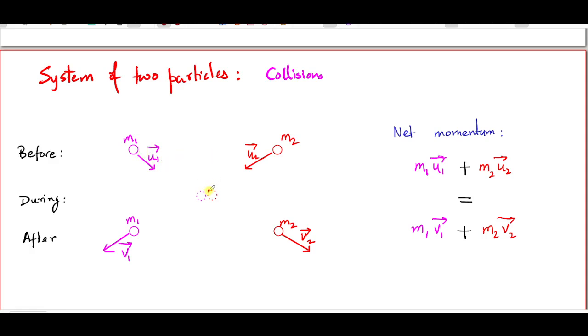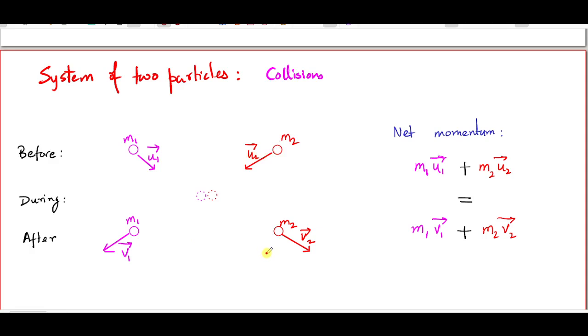They collide with each other, and after collision, the first particle bounces off with a velocity v1, the second particle bounces off with a velocity v2. All this, of course, is being observed from the point of view of an inertial observer who measures all of these velocities u1, u2 before the collision, v1, v2 after the collision.